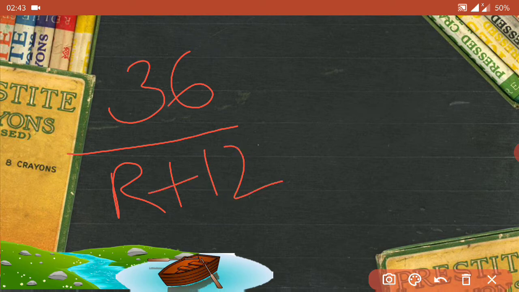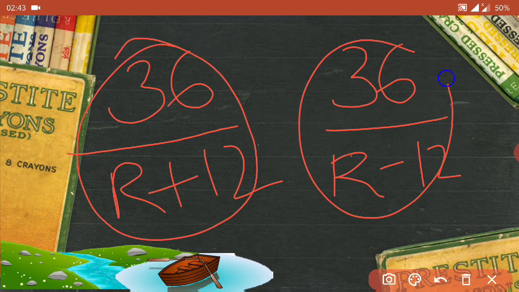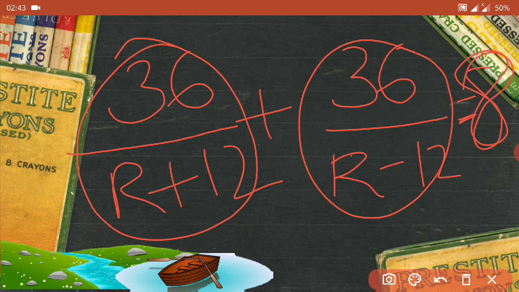And he has moved the same distance upwards also, so 36 upon 12 minus r. This plus this, in total he has taken 8 hours. So this is your equation.